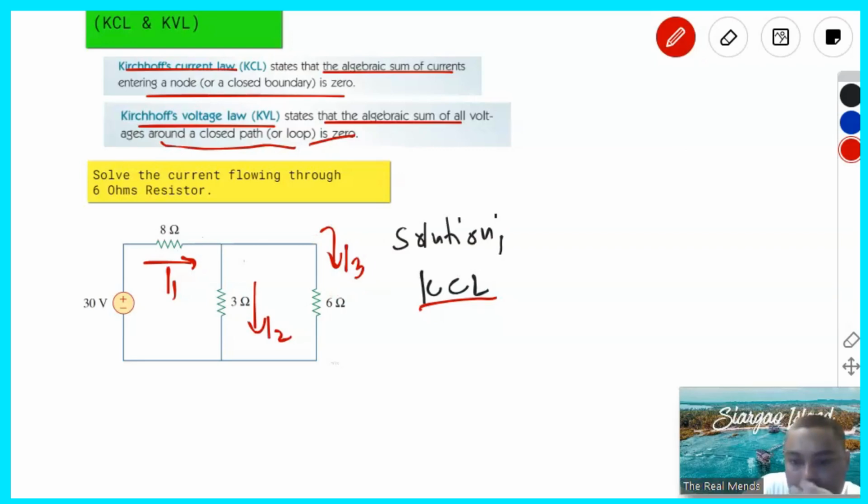So from the law itself, KCL, the algebraic sum of the currents entering a node or closed boundary is 0. So from that, we can create an equation, that is I1 is equal to, two currents are leaving, that's I2 plus I3. So this is our equation number 1.